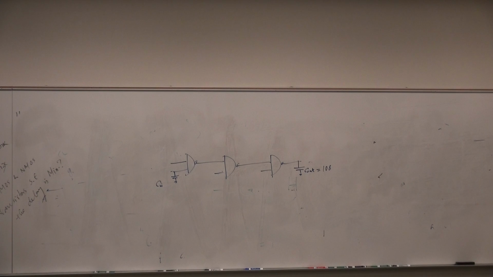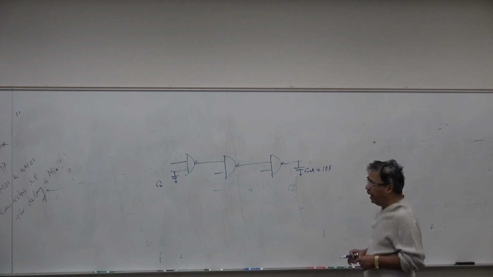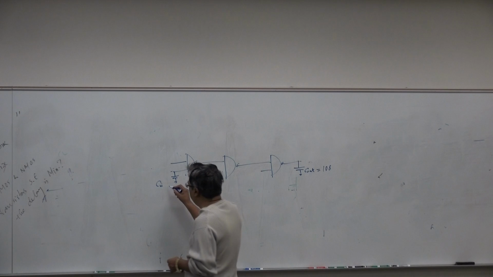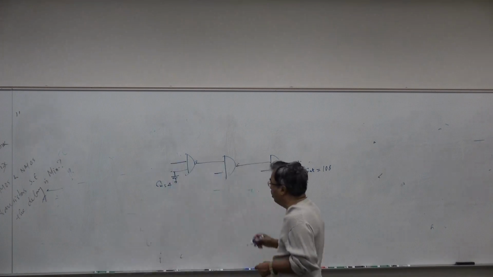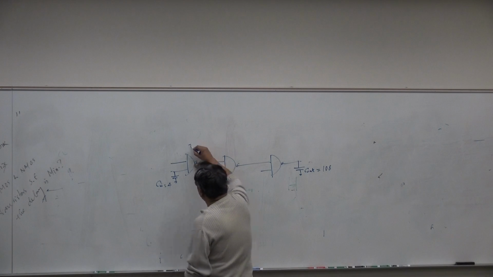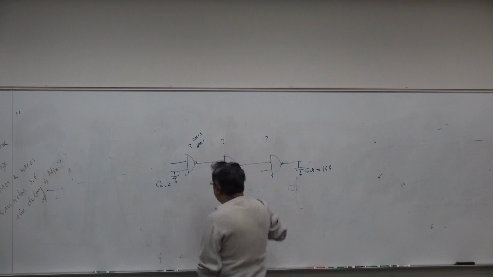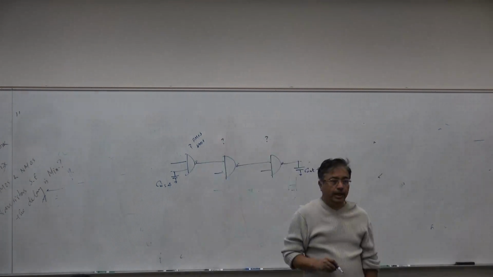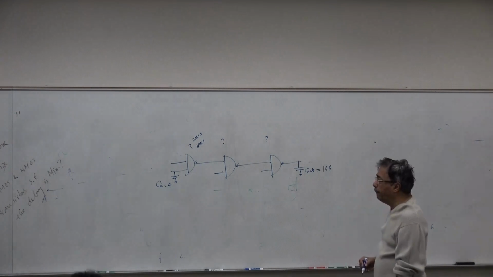You extract out the capacitance, and that happens to be 108. And the input capacitance is equal to say 4. Now the question is, what is the size of PMOS, NMOS of each of these 2-input NAND gates? How do we find out what they are? And that's the goal.